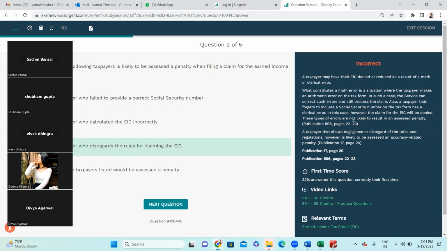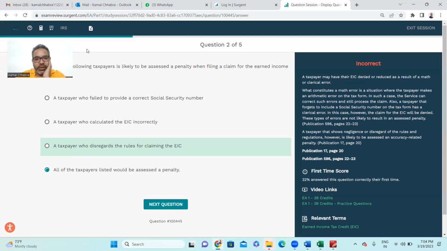These types of errors are not likely to result in any assessment or penalty. The taxpayer that shows negligence or disregard of the rules or regulations, however, is likely to be assessed the accuracy related penalty. So if there is any typo or error, it should not be considered for the penalty. But if someone is disregarding the rules and regulations and taking a benefit for which he or she is not eligible, that person would be considered for the penalty.